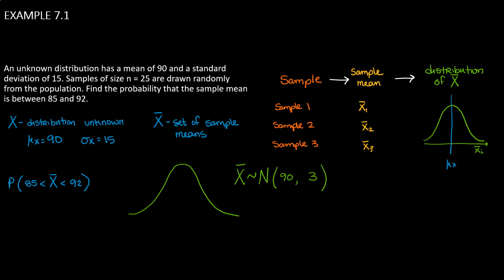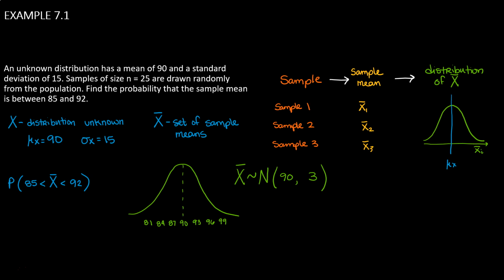Now we know the distribution that our sample means data set follows. It's a normal distribution with a mean at 90 and a standard deviation of 3. So we can annotate our normal curve with our center, and we can label a few of the values along our horizontal axis using that standard deviation to go 3 standard deviations above the mean, 93, 96, 99, and 3 standard deviations below the mean, 87, 84, 81.